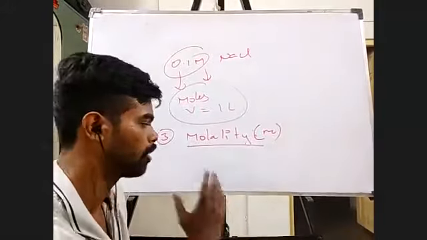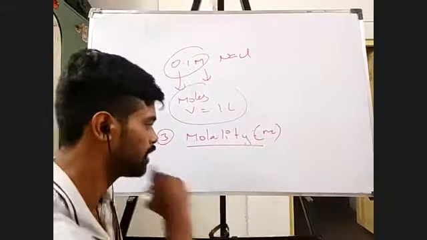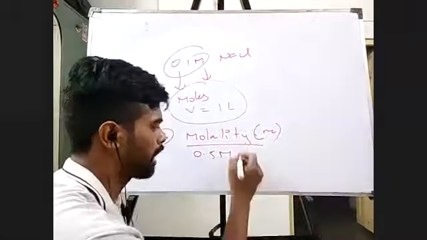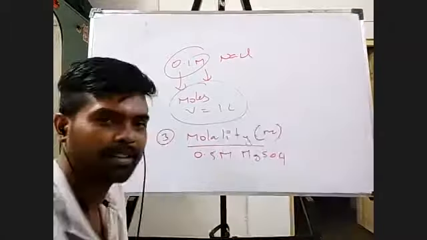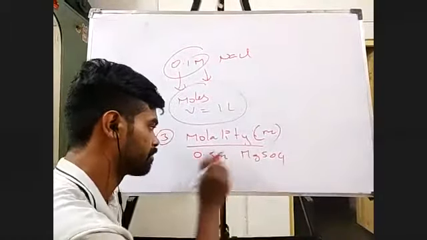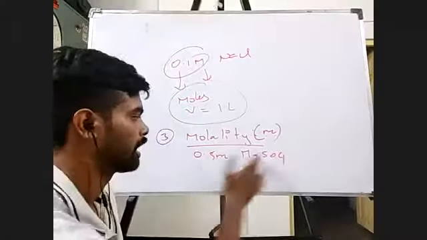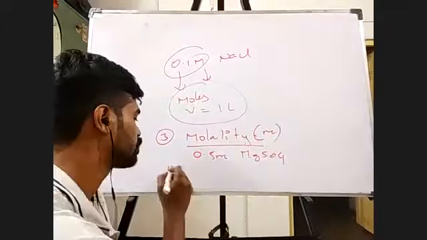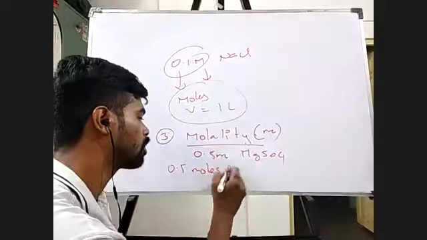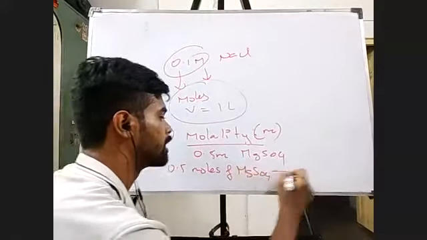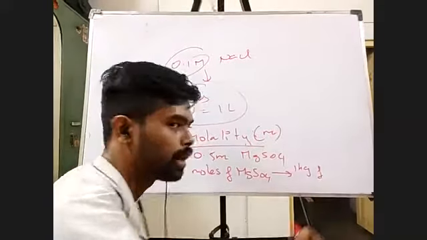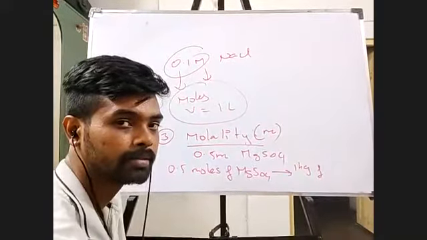Now we'll take an example. If I tell you that I have 0.5 small m MgSO4 solution, that means what? That means I have 0.5 moles of MgSO4 dissolved in 1 kg of what?